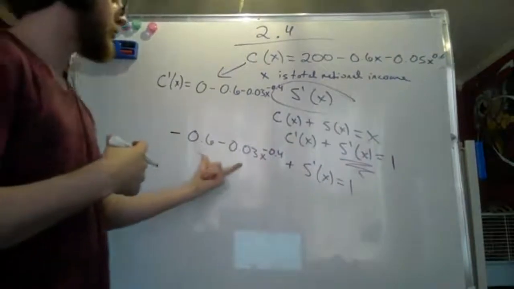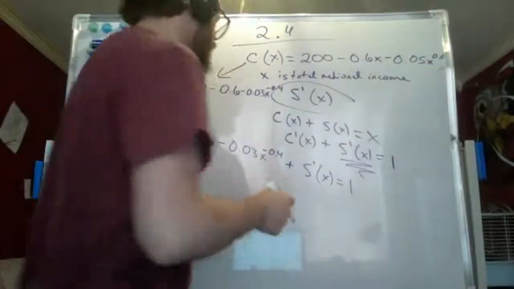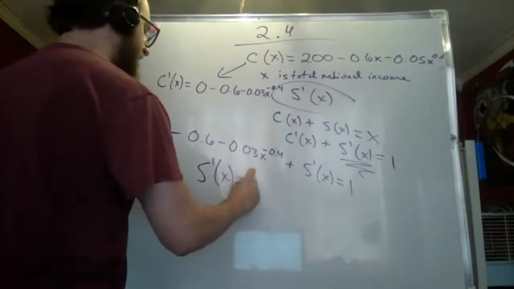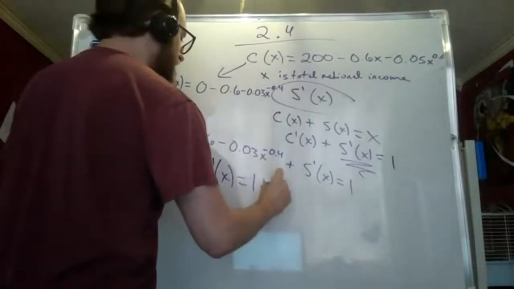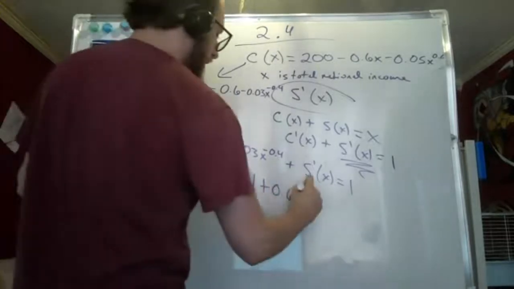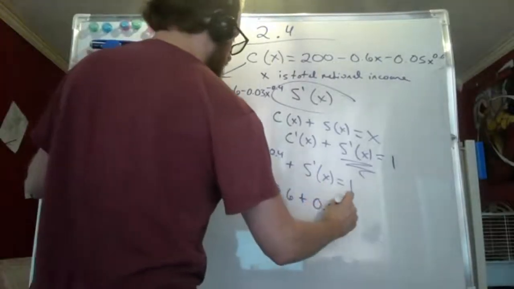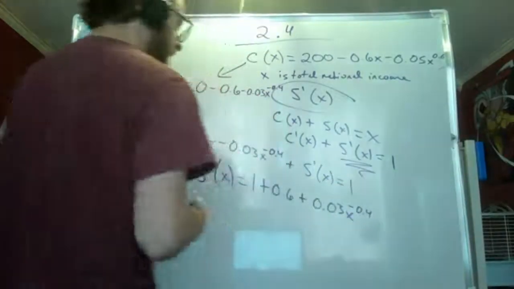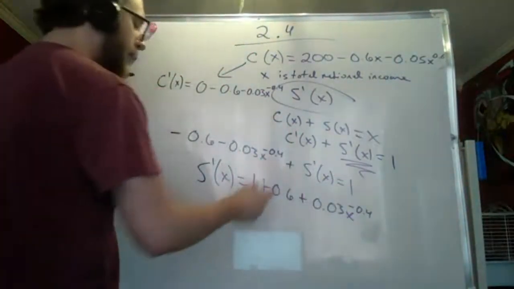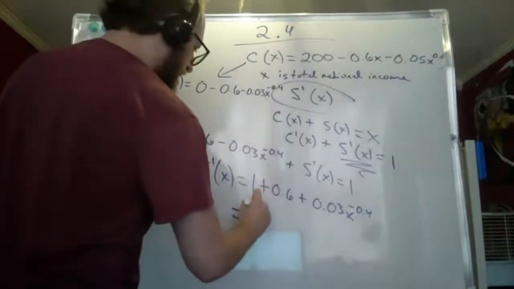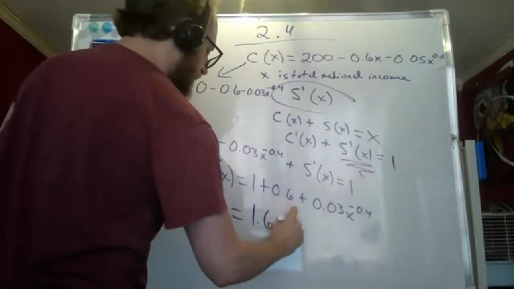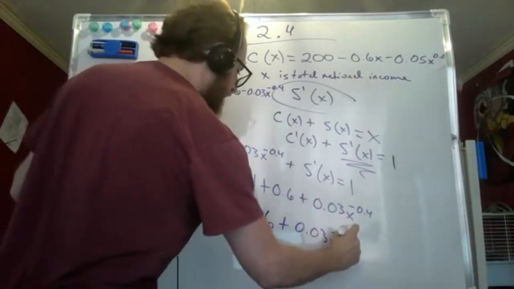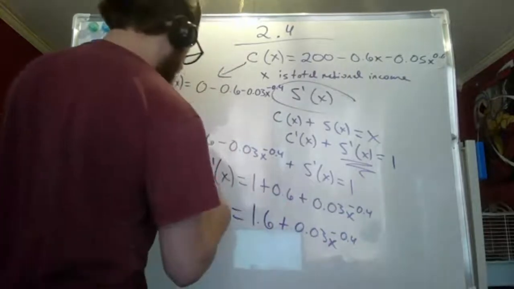And now all we have to do is shift this over to the other side, and we're going to have s prime of x is equal to 1 plus 0.6 plus 0.03x raised to the negative 0.4 power. Well, we can combine some like terms, and we're going to be left with 1.6 plus 0.03x raised to the negative 0.4 power.